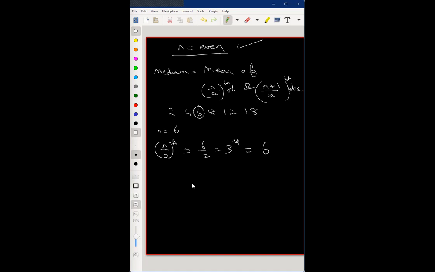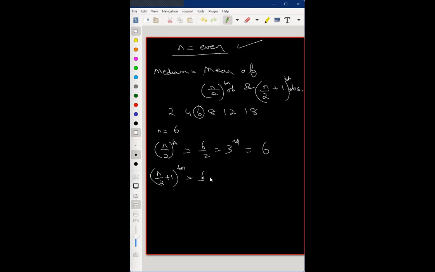Then I take out the n plus 1 by 2th observation, which would be 6 plus 1. So no, something is going wrong. One sec. Sorry about this. This is n by 2 plus 1. My mind was distracted. It's n by 2 plus 1 observation.